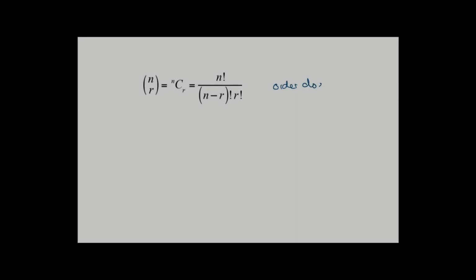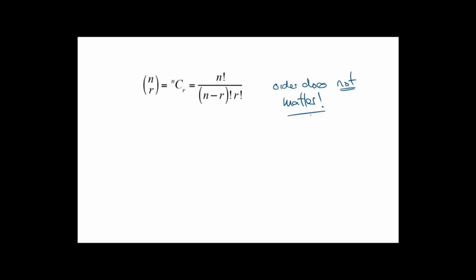So remember, combinations are when the order does not matter. So how can we read these equations here?